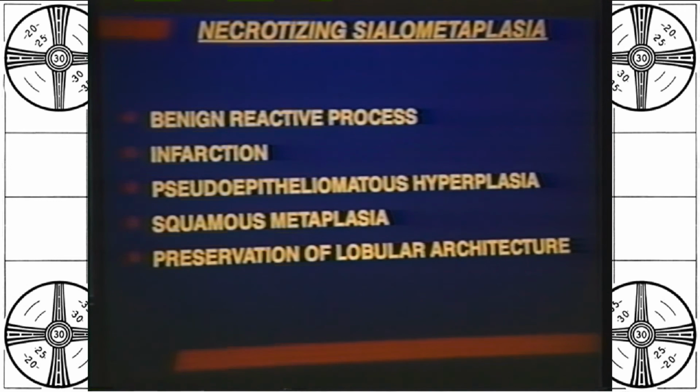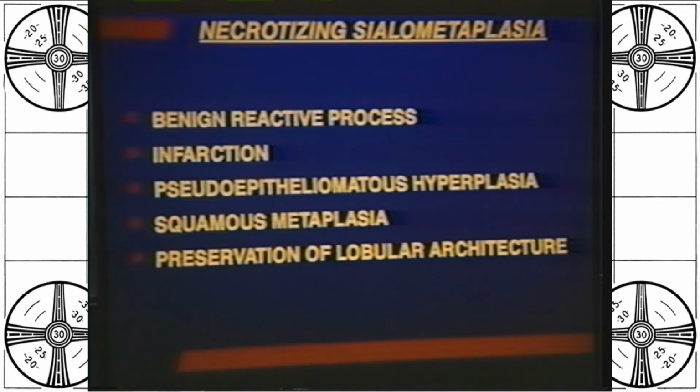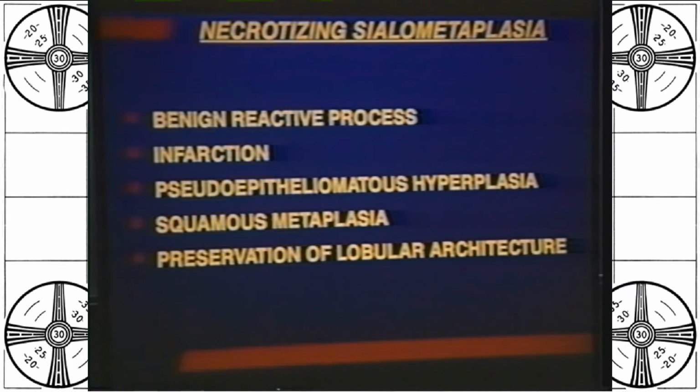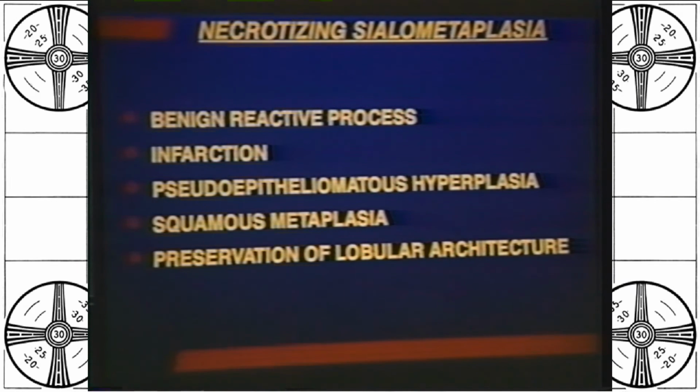Okay, now let's talk about a few things that can really send us down the river pretty easily. Necrotizing sialometaplasia, first described by my mentor, Dr. John Cornyn, who was chief of oral head and neck pathology at the AFIP for 8 years.